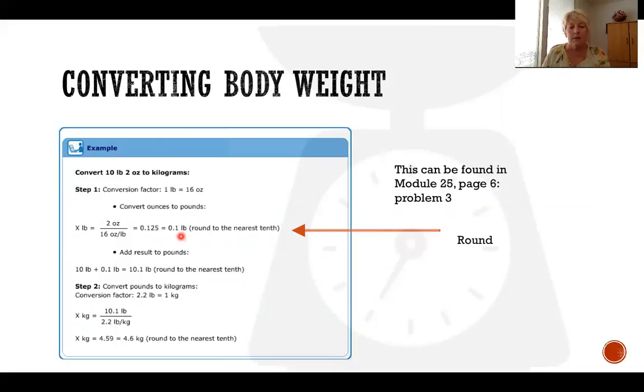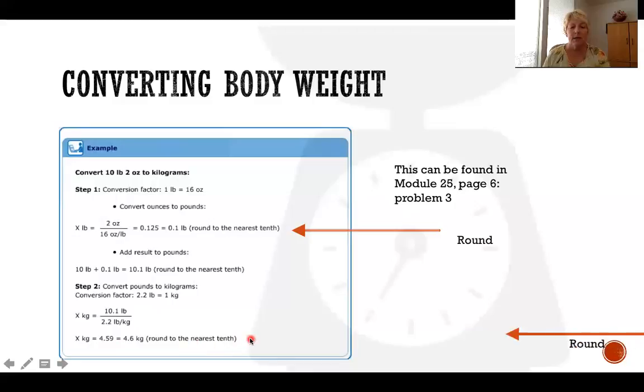The second step is to take this calculation, which has been rounded to the nearest tenth, 0.1, and add it to the total number of pounds down here, and you see that it's 10.1. Now you do your conversion from pounds to kilos by dividing it by 2.2, and you see here that the answer has become 4.59.